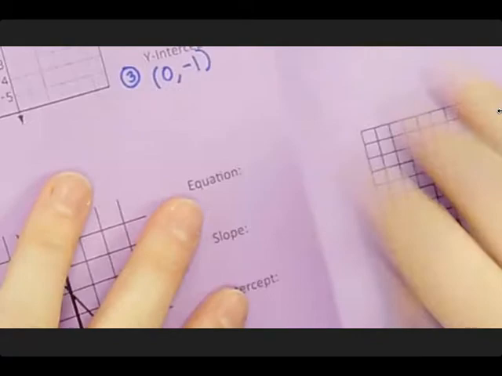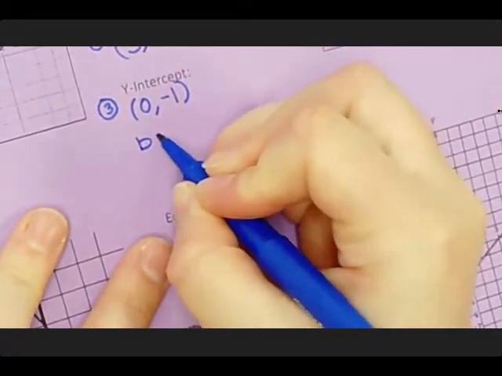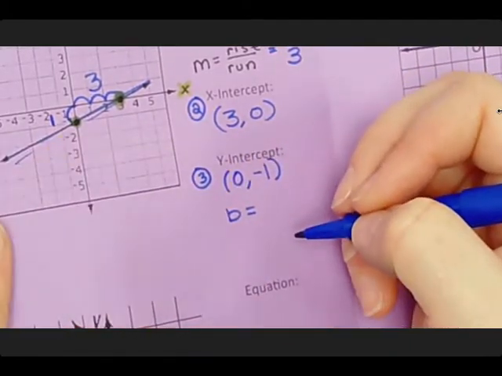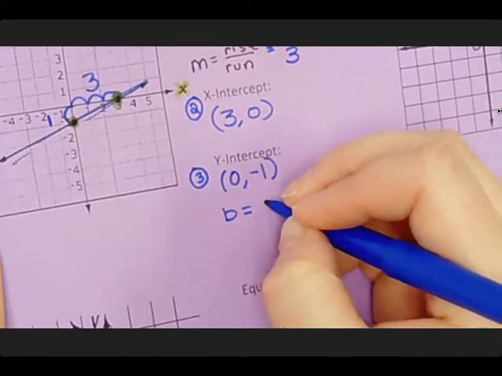So going back over here, what does b equal? Y-intercept. So in this graph, what is the y-intercept? -1.